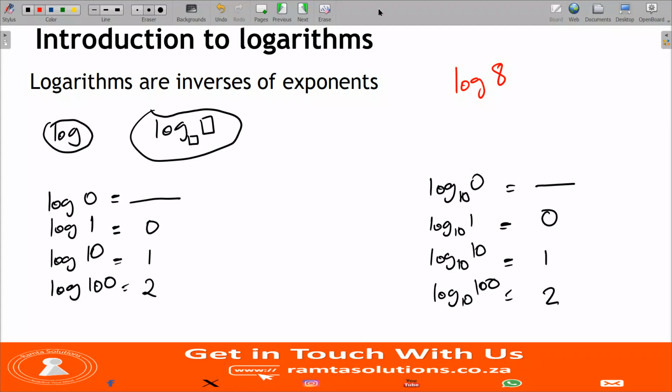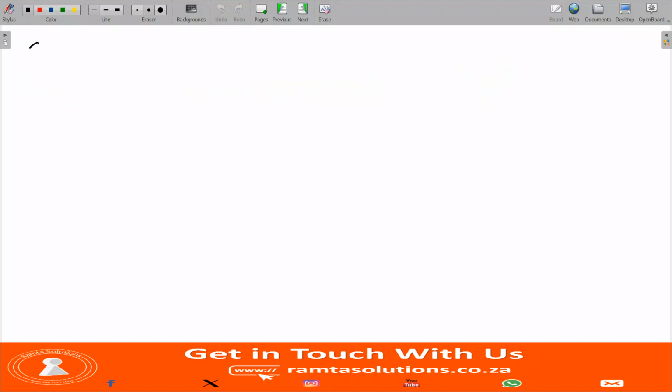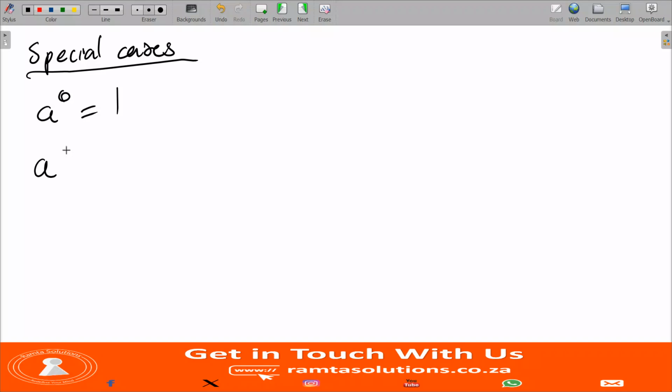Perfect. Now, there are what we call special cases when it comes to logarithms. Guys, you know that a to the 0 is 1, and you also know that a to the 1 is equal to a.